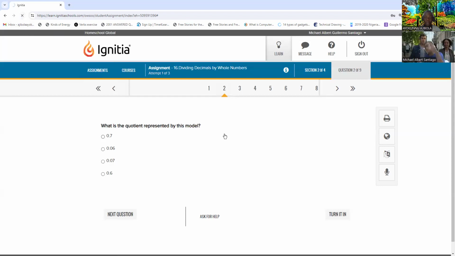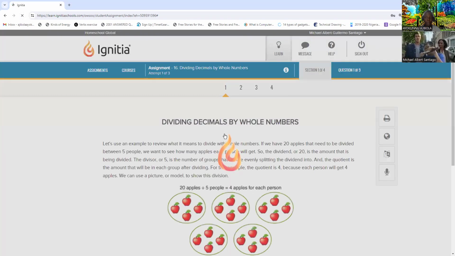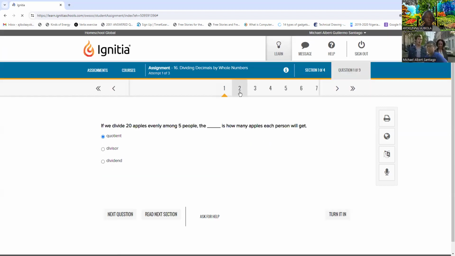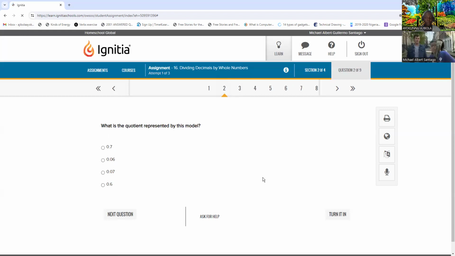Maybe something's supposed to load up on this page. Let me see again. Question 2, no model. Let's go to the next one. What is the division problem represented by this model? Again, no model here, okay? All these questions are asking about models, and there is no model.